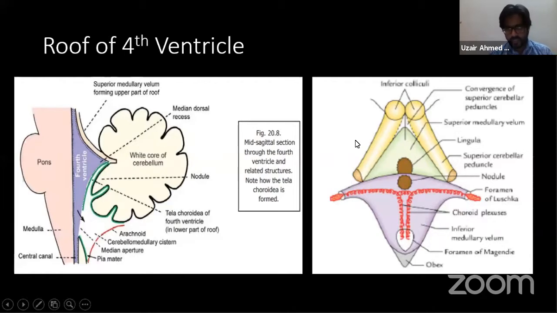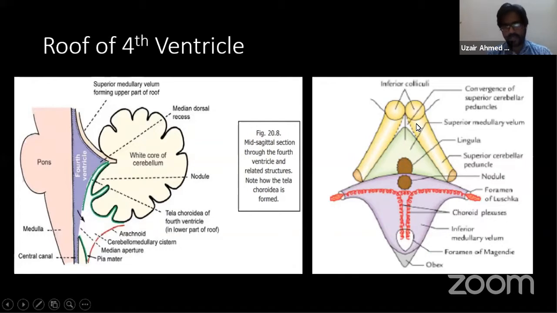So if we look a little bit closer at the roof of the fourth ventricle, we are focusing on the superior slope. We can see that medially it is formed by this green structure, that is the thin membranous layer that is known as the superior medullary velum, and laterally it is bounded by superior cerebellar peduncle.